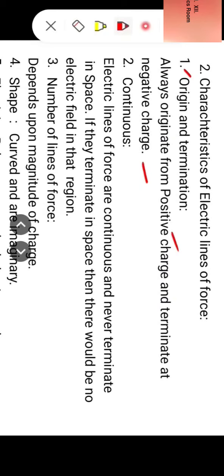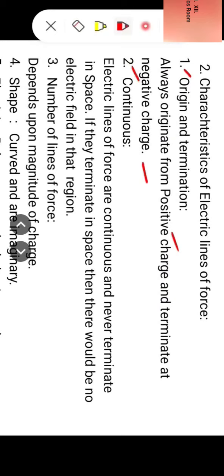You can see at the diagrams, in all the diagrams that you have drawn previously, that all the electric lines of force are originating from positive charge and terminating at negative charge. Now number 2, continuity.